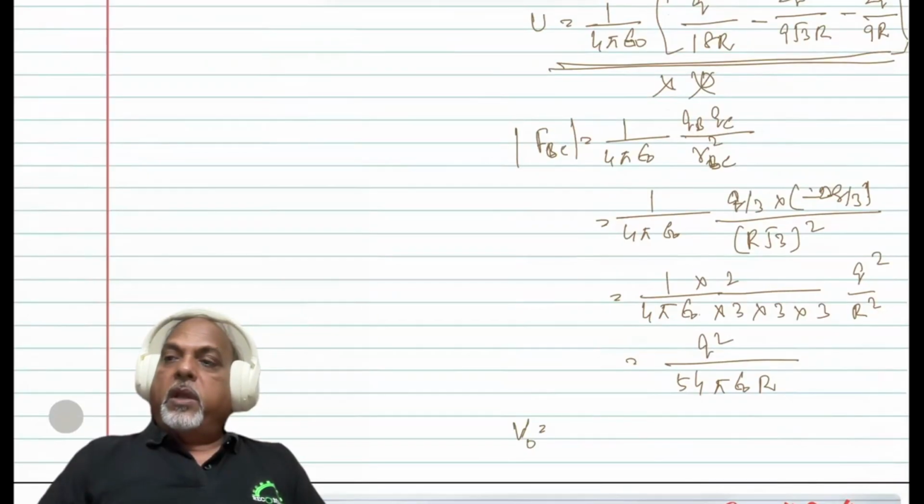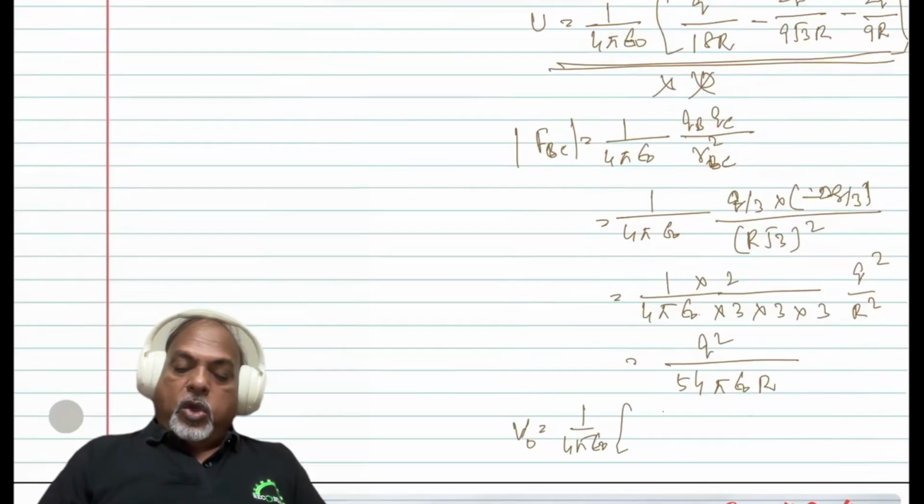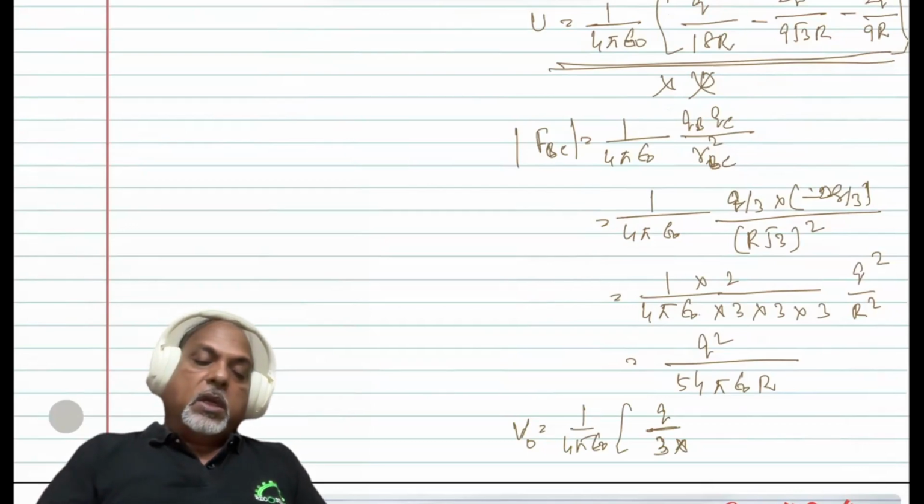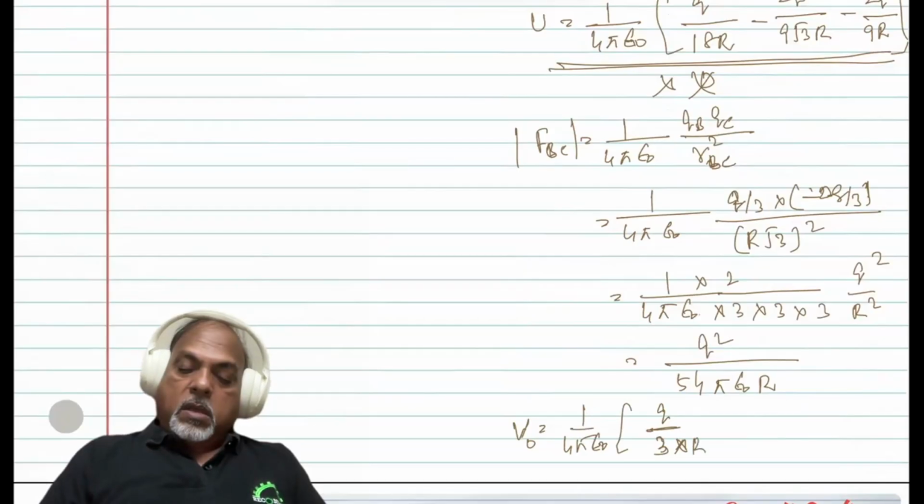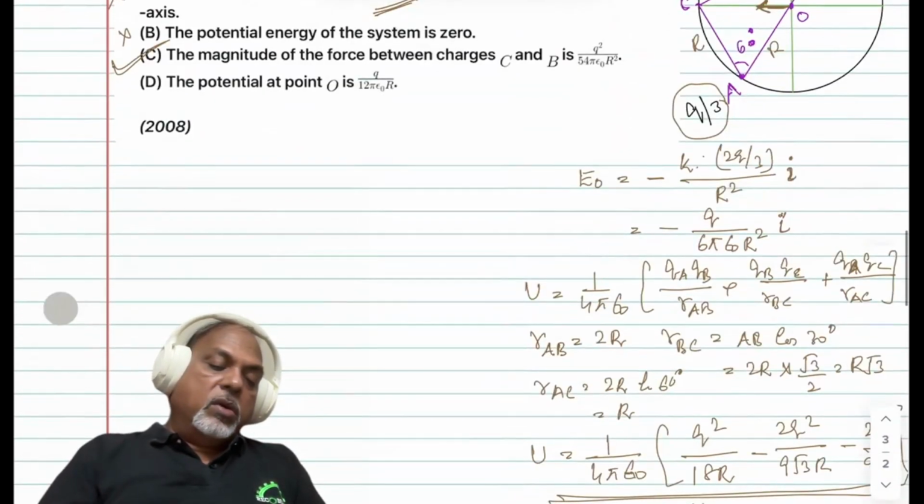V at O will be equal to 1 by 4 pi epsilon 0 times Q by 3 into R, plus another charge Q by 3 into R, then minus 2Q by 3 into R. And this will become basically 0. The potential at O is 0, so this is also correct.